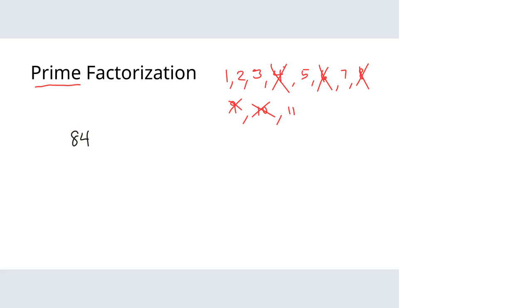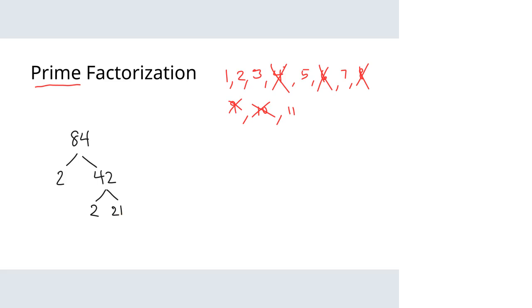The first thing I think of is, hey, that's an even number, so I can divide it by 2. And so what we're going to write is that 84 is 2 times 42. And then I go, well, heck, 42 is an even number, so I could rewrite that as 2 times 21.